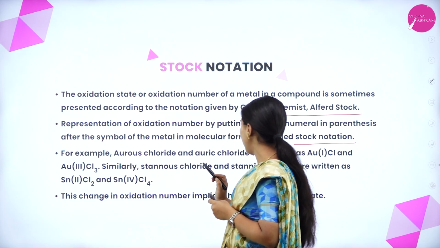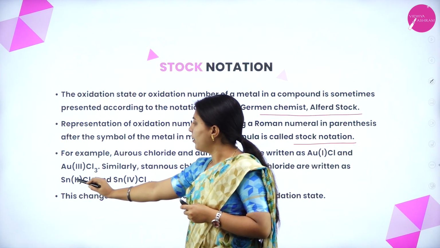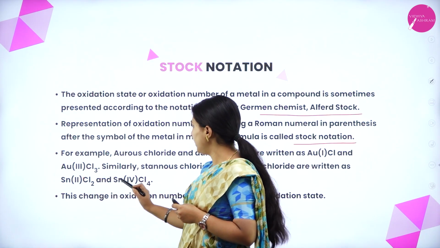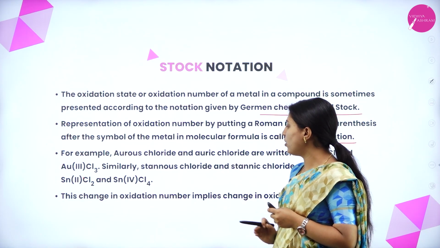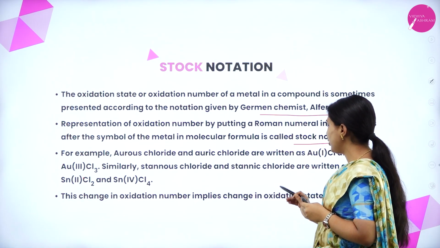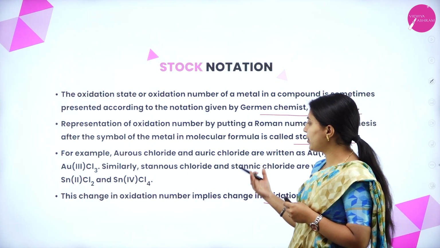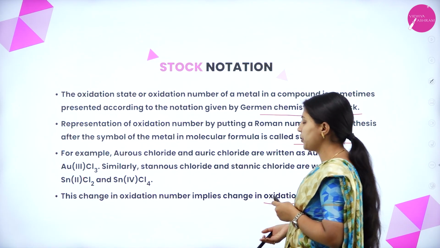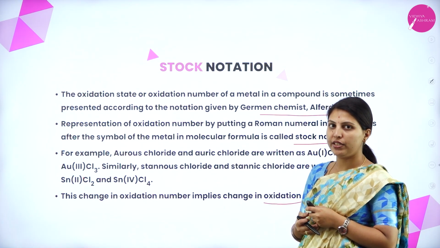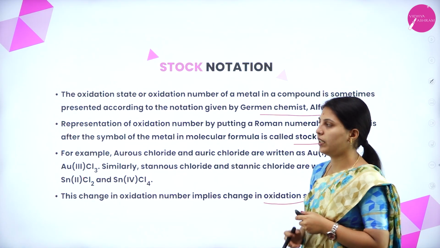Similarly, stannous chloride and stannic chloride are written as, see here, in II Roman numeral, here IV Roman numeral. Okay. This change in oxidation number implies change in oxidation state. Whenever the oxidation number changes, the oxidation state will also change. This is how the stock notation will be represented.